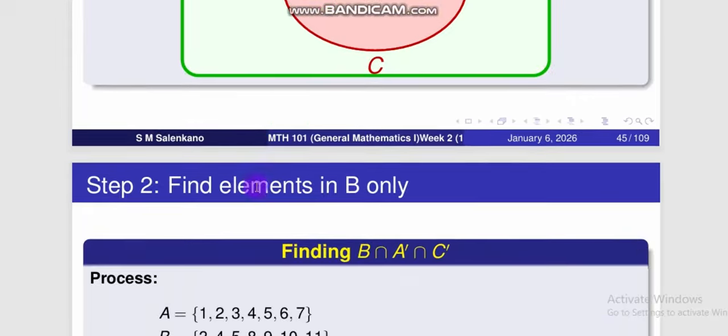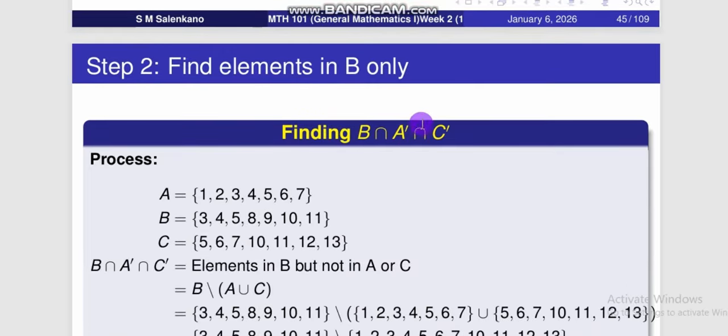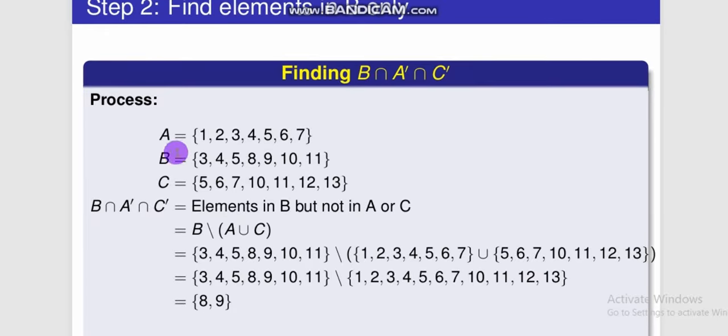Then the next thing is we find element in B only. B only, they are not in C, they are not in A. Okay, so this will be B intersection A complement intersection C complement. So as usual, we are going to find the union of A and C and subtract it from B. Now A is a set of this element, B is given, C is given.